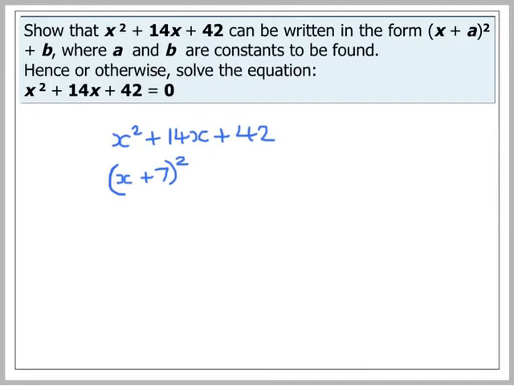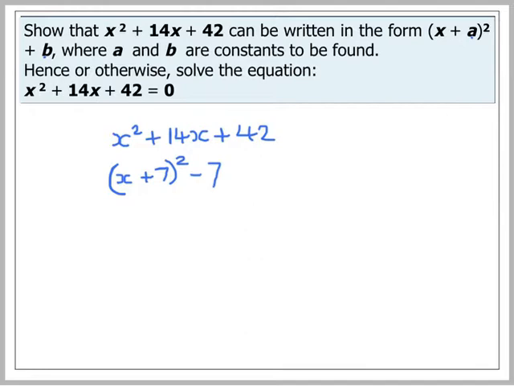And when I expand this through, I'll get the x squared and I'll get 14x, but I'll also get 49. I didn't want 49, I only wanted 42. So I need to take off another 7. So I found the value of a and b. The 7 is a and minus 7 is the b.